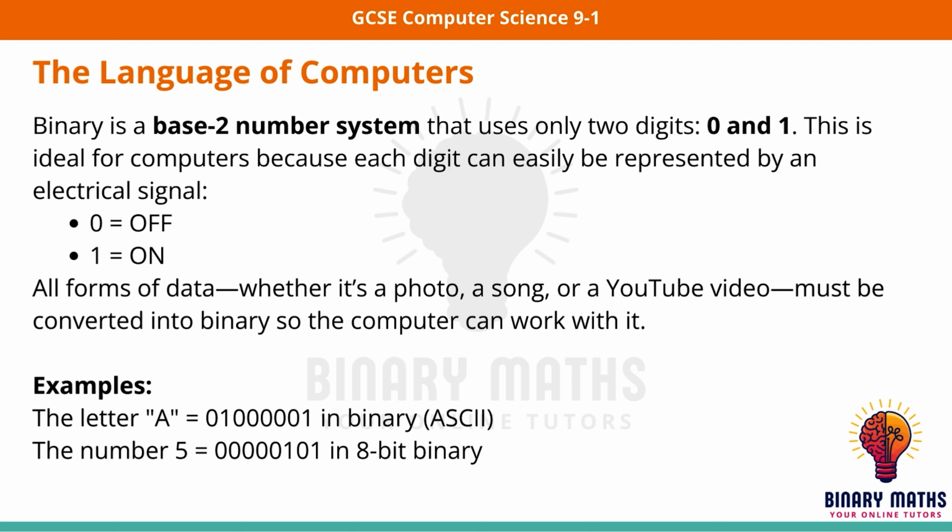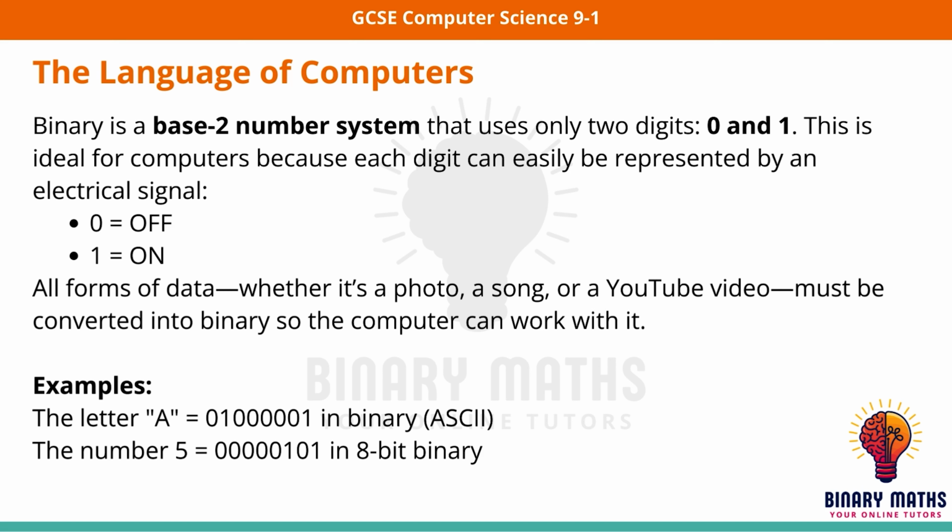Binary is what we call a base 2 number system. That simply means it only has two digits, 0 and 1. We're used to base 10, also called denary, which has 10 digits, 0 to 9. But for a computer, binary is ideal. Every 0 and 1 can be matched to an electronic state, off or on.